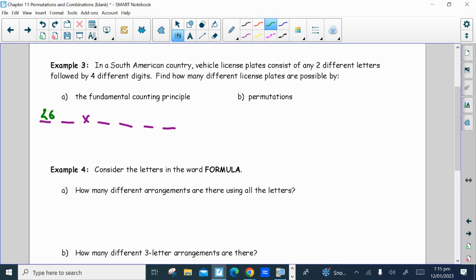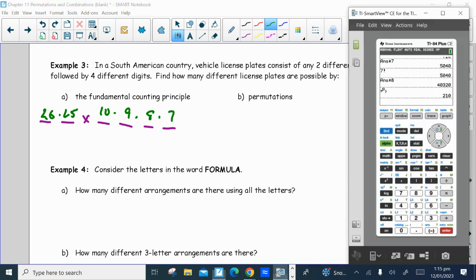It says 2 different letters, so that means no repetition, so there'd be only 25 choices for the second letter. There are 10 digits to choose from, 0 through 9, but again, they must be different. So after 1 digit is chosen, it can't be chosen again. Using the fundamental counting principle, we'd multiply all 6 numbers together, 26 times 25 times 10 times 9 times 8 times 7, which gives us an answer of 3,276,000.